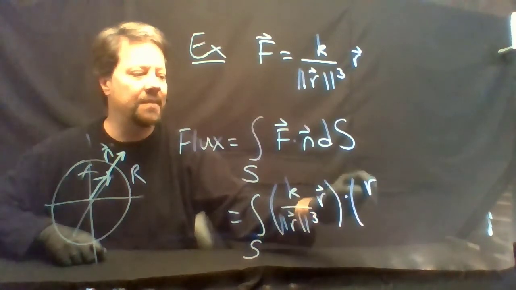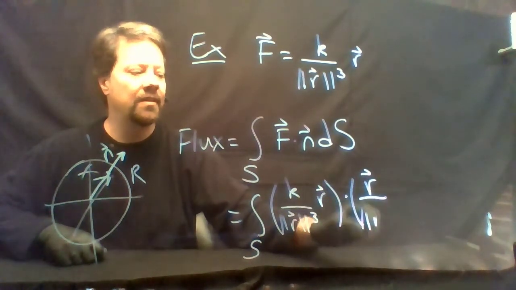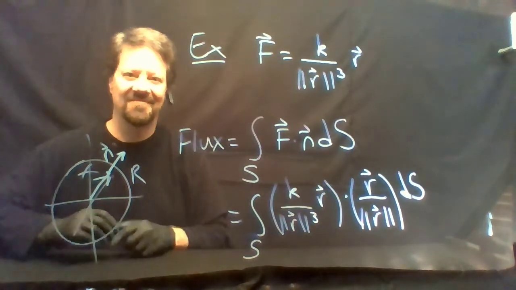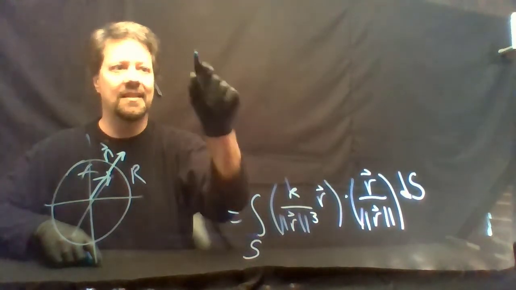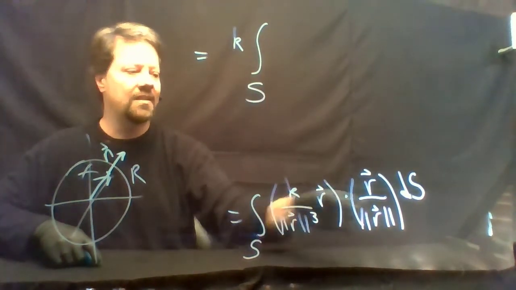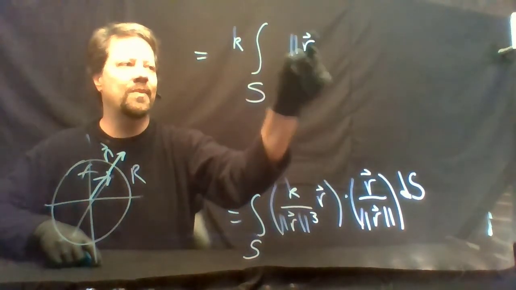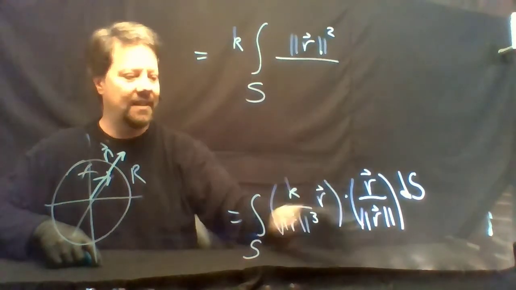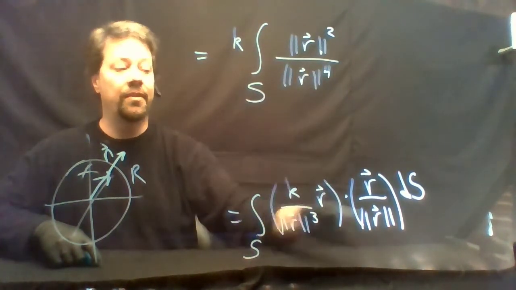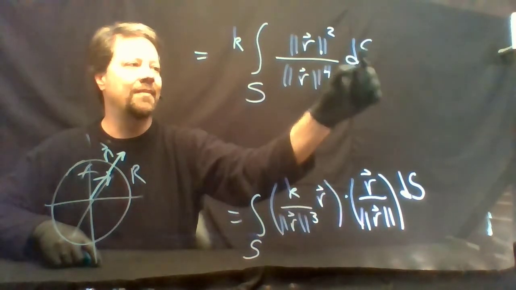The normal vector must in fact be the position vector normalized. k is a constant and can be pulled out of the integral. r dot r is the norm of r squared. In the denominator we have the norm of r to the fourth now, times the element of surface area.